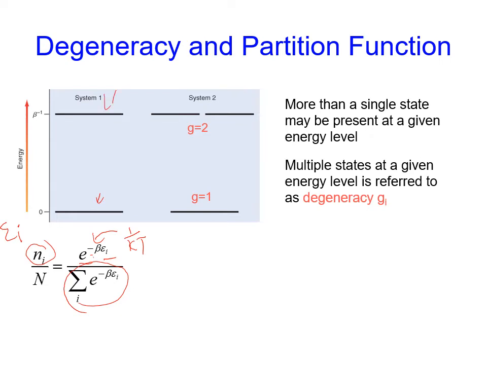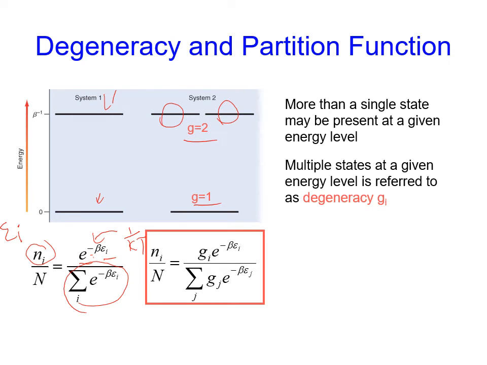Sometimes an energy level may have two states, and this is called degenerate states. So for this kind of system, we need to include the degeneracy into the equation.